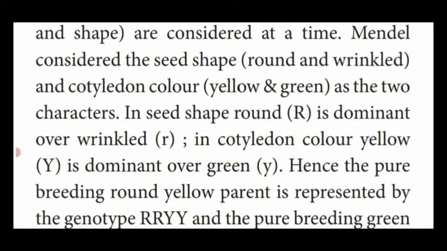Dear students, in the seed shape, round is the dominant character, so it is denoted as capital R. Opposite to the dominant is the recessive character, that is wrinkled, denoted as a small letter, small r. Next one, color of the seed, yellow, capital Y, dominant. The other one is the recessive, green, small y.